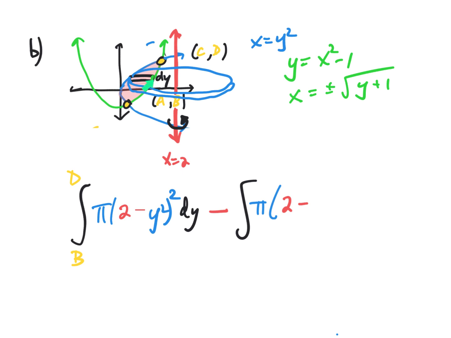So we take the green curve, solve for x. That's the positive root of y plus 1. So there's our pi radius squared times height, the volume of that inside disk that we're subtracting, which leaves us just with the washer, or the volume cut up by this representative rectangle as it rotates around x equals 2. All right, that's it.